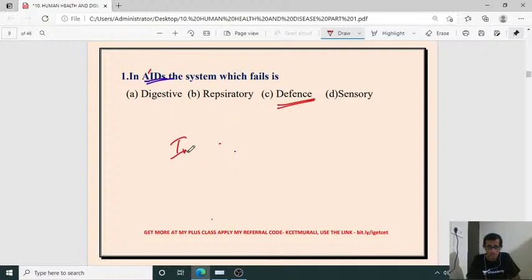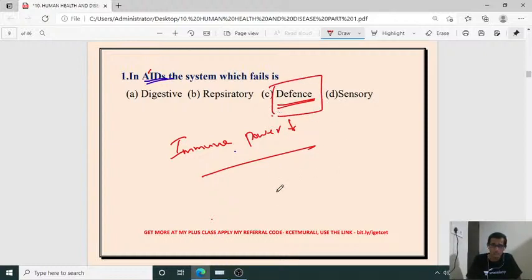Immune power is going to decrease, and as a result of that, the total defense system, the immune system, is going to decline. So it is called acquired immunodeficiency syndrome. Under syndrome, a group of symptoms will be there. Group of symptoms. Okay.